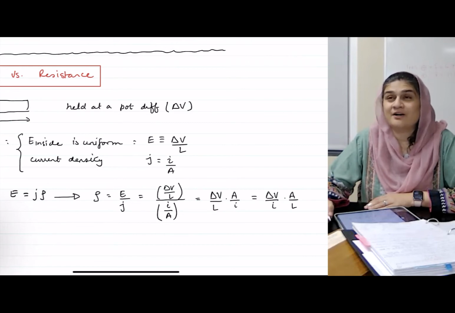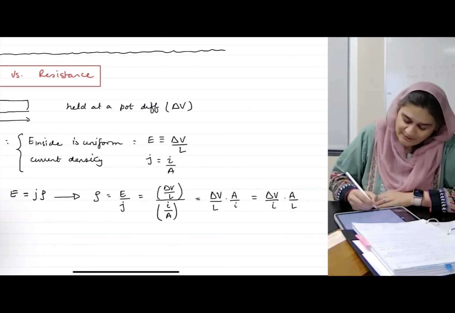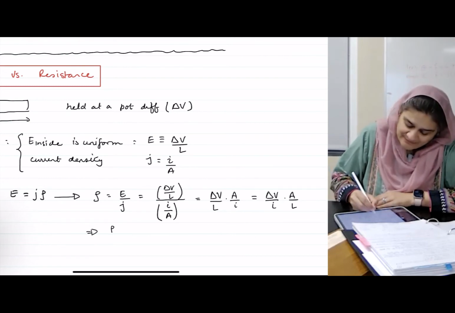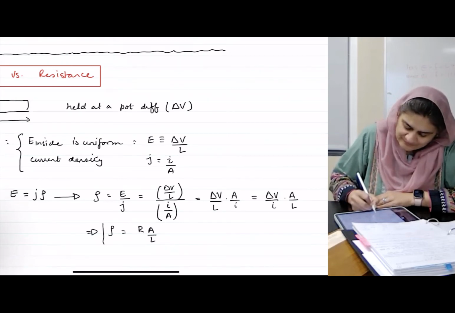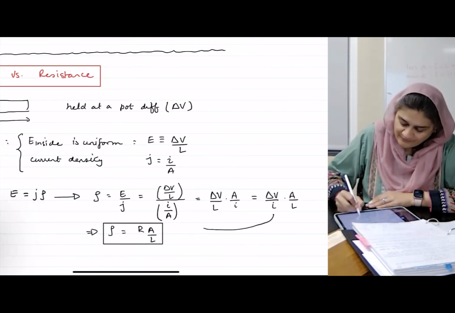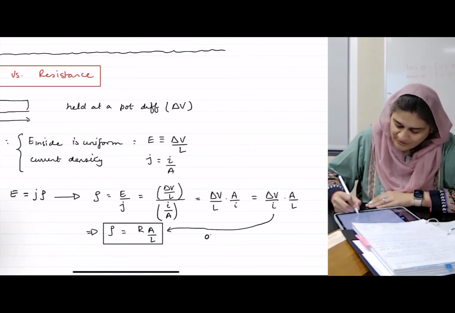V equals IR. So V over I is R. So then may I write this as, using Ohm's law?